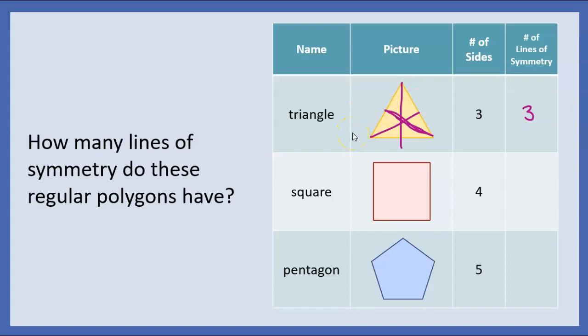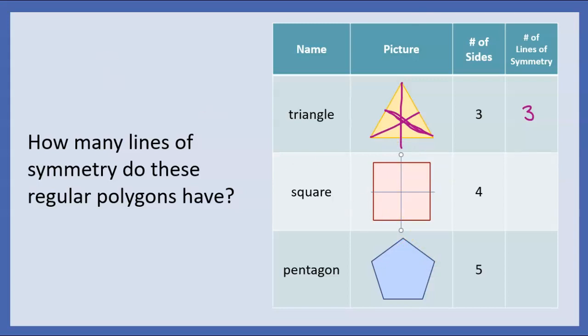So how about a square? We've talked about a square a few times, so maybe this one will catch more easily. Well, we probably see we can draw a line of symmetry through the center there. And from the top to the bottom as well, like that.